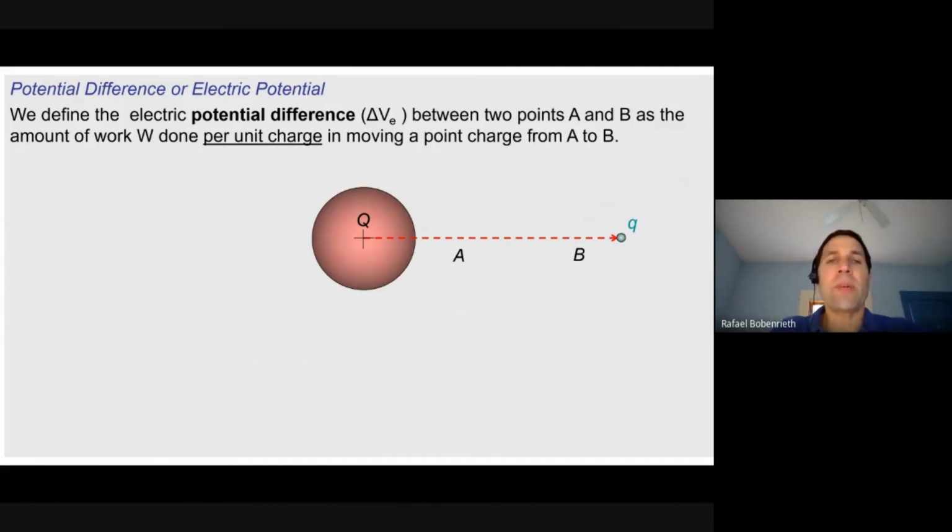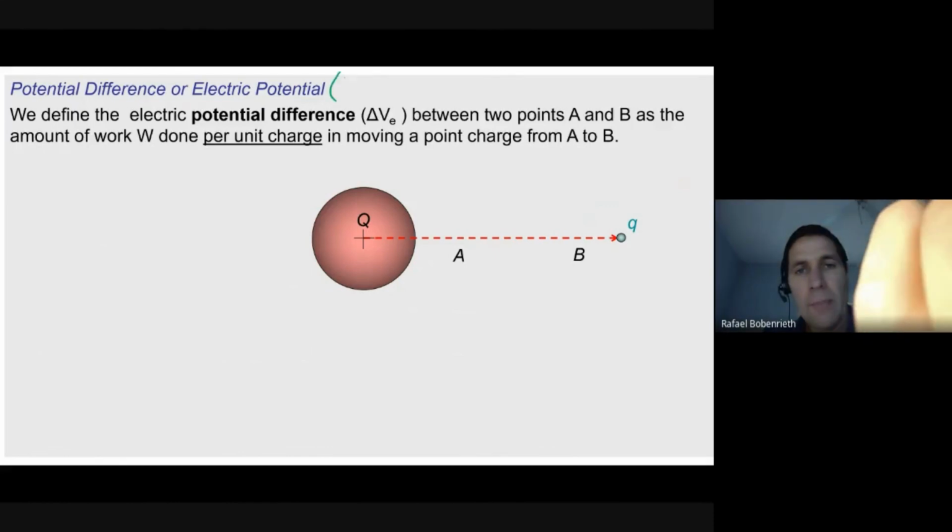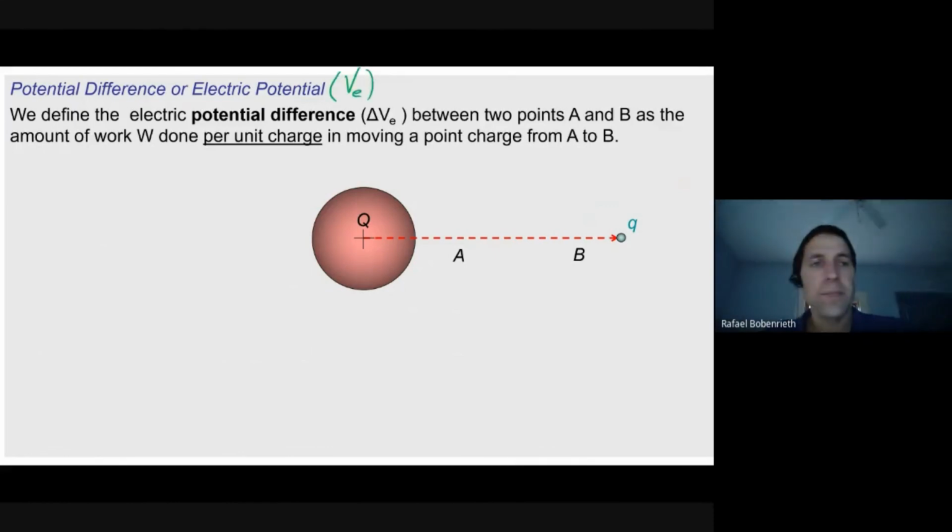So we have 2 definitions we can talk about here. The first one is something we call electric potential difference. By the way, electric potential gets the abbreviation capital V with a lowercase e. Okay? Electric potential difference then gets the abbreviation triangle V_E because the triangle means difference, change. So the electric potential difference between 2 points is the amount of work done per unit charge in moving a point charge from A to B. Okay?